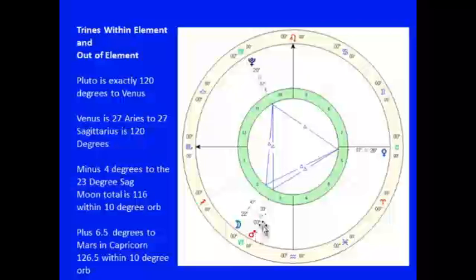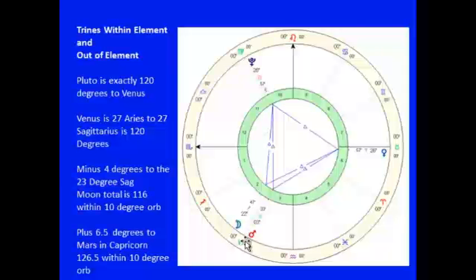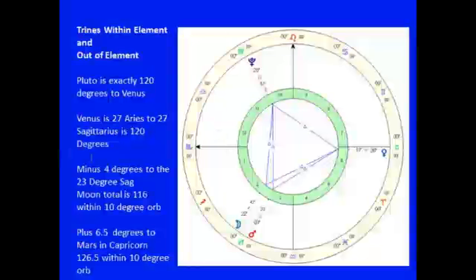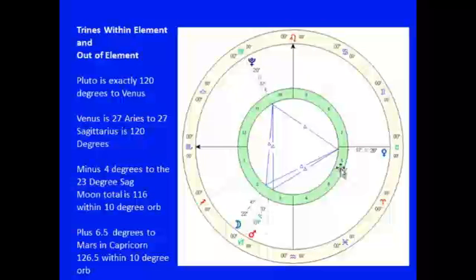And then, of course, from 27 Aries to 3 Capricorn is only a 6-degree separation, so that's definitely a trine. And from 27 Leo to 3 Capricorn is about 3.5 degrees separation from all of these. So very much in that trine energy, but not in the element, because this is an earth element and this is a fire trine.